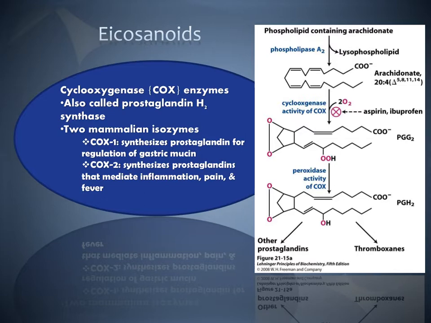The issue is that some of these inhibitors are broad-based, inhibiting both COX-1 and COX-2. So something too broad-based can cause stomach problems, because it's inhibiting COX-1 and not just the one causing the headache or the inflammation.